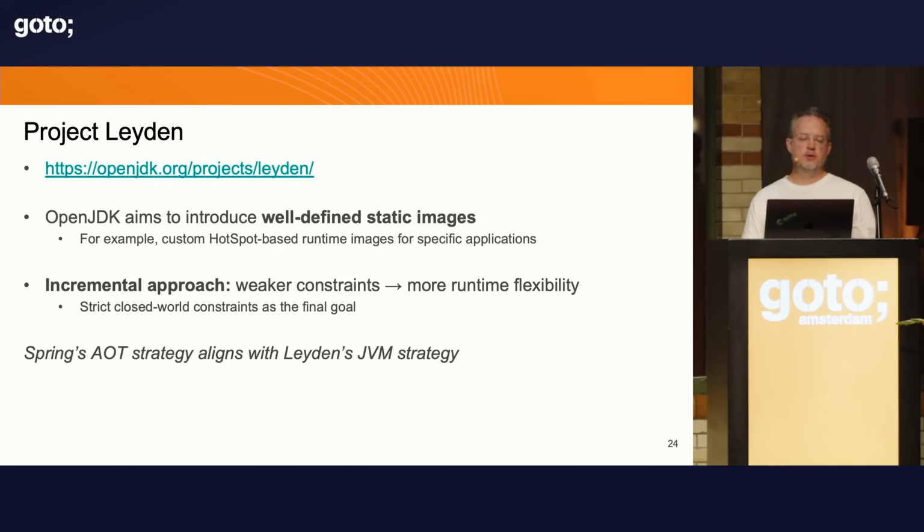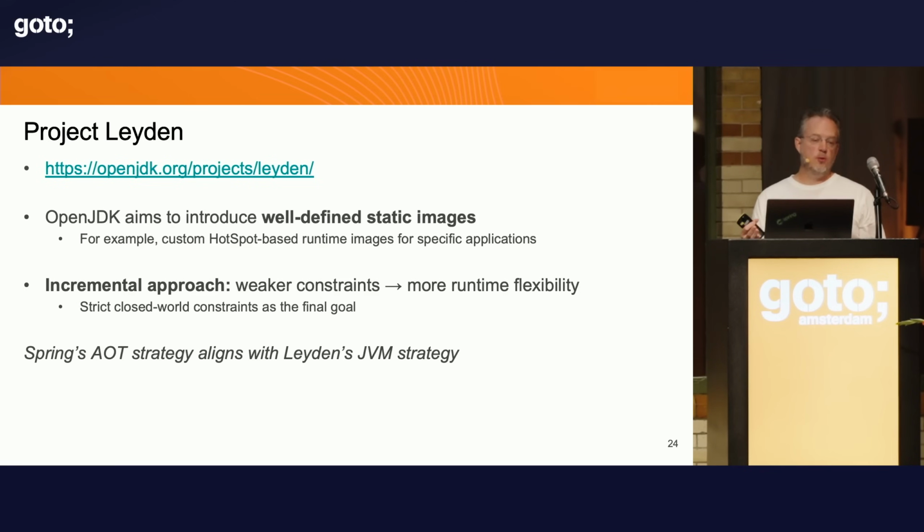So what they want to do is start off with some weaker constraints, limiting what can be done, like maybe limiting the reflection, maybe limiting dynamic class loading, things like that, and have more runtime flexibility to start, and then in the end, see if they can get as far as something like GraalVM native images. But it's going to be a gradual process over many years, allowing you to have some of the benefits of a native image style static image deployment within the JVM itself, within a normal JVM deployment.